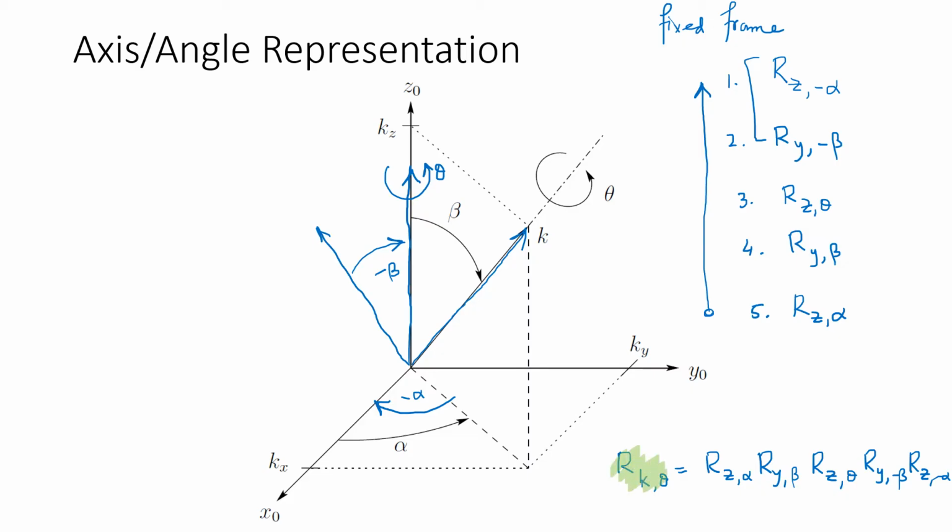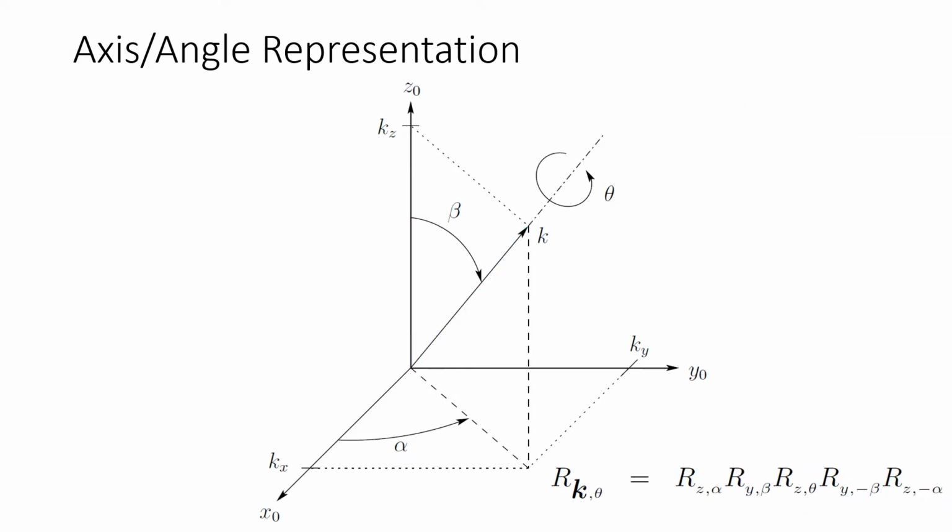So this expression is a result of multiplying these 5 matrices together, but because it is with respect to the fixed frame of reference, the order of multiplication is reversed. So that is how you derive Rk theta. But there is a little problem in this expression for Rk theta.